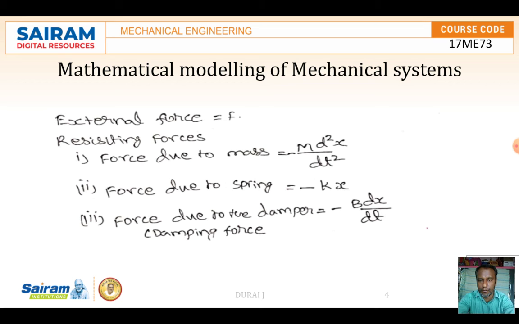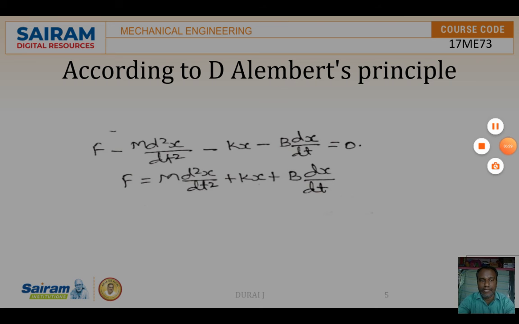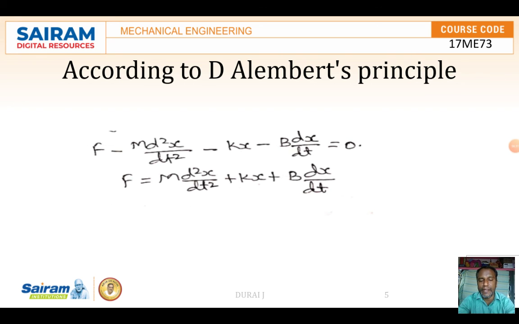But here we take it according to D'Alembert's principle: F minus m d square x by dt square minus kx minus b dx by dt is equal to 0. So the force F is equal to m d square x by dt square plus kx plus b dx by dt.